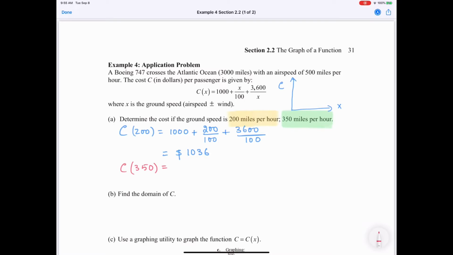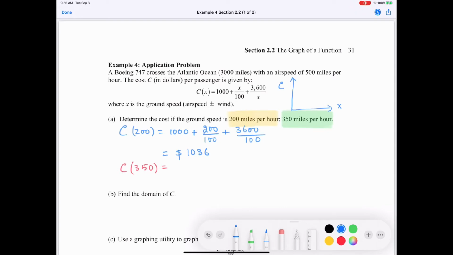Okay, the next part is asking me to find the domain of this function. Now we already know to find the domain, I need to look for the x's, which is my independent variable. And I see my independent variable x is in the denominator. So this is telling me my x cannot be 0. And it's a cost function, so it's money.